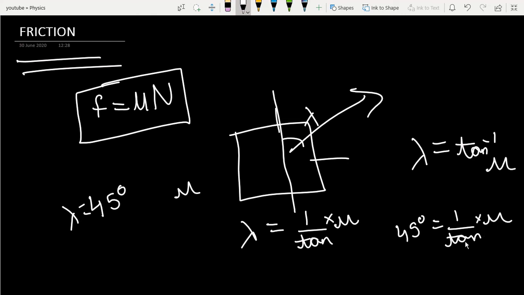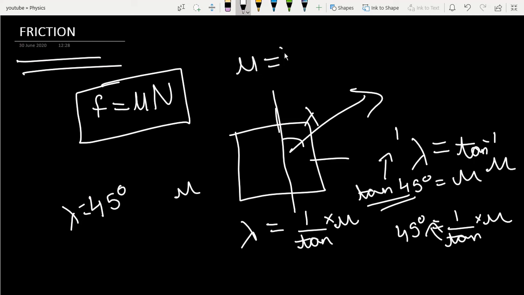That means I'm going to put tan upwards, and it's going to be tan 45 degrees is equal to mu, and the value of tan 45 is 1. The trigonometric ratios, you might have learned them. So the value of mu came as 1. Simple.